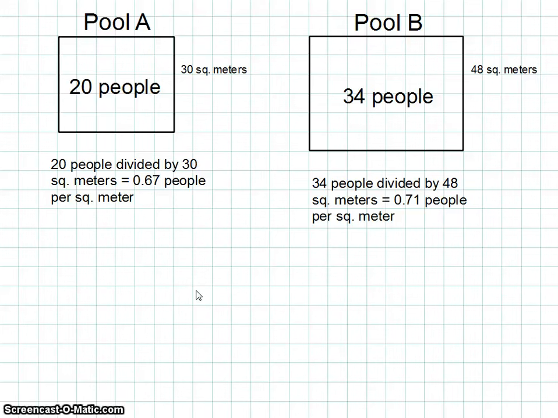So I hope that now you understand what population density means, and I hope you can now see how the information about population density can help us decide, if we're comparing two or more areas' crowdedness, which area is more crowded.